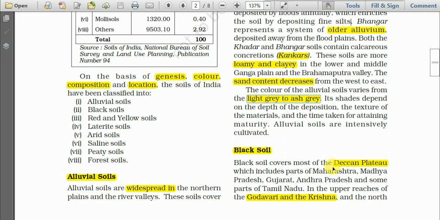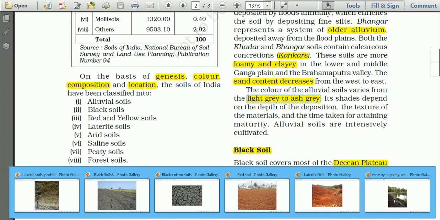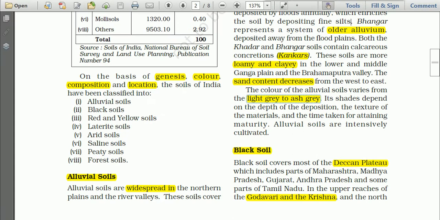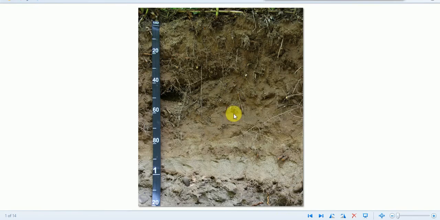See here, this is a profile of alluvial soil, and you may be seeing that the color of the alluvial soil, as mentioned in the book, is light gray to ash gray, like this.